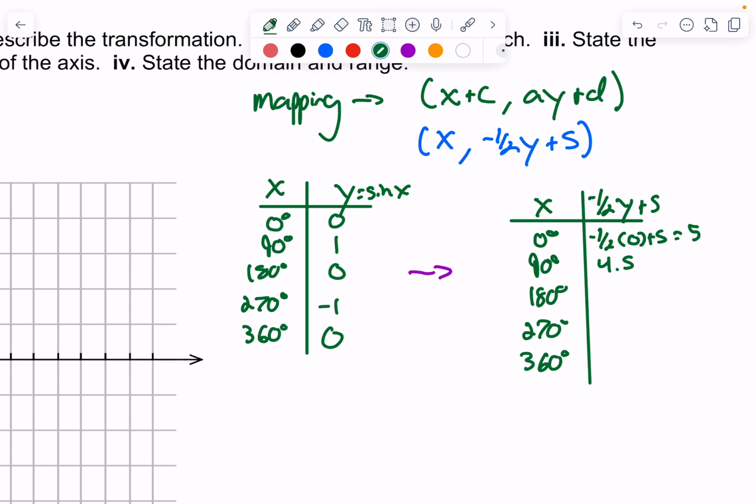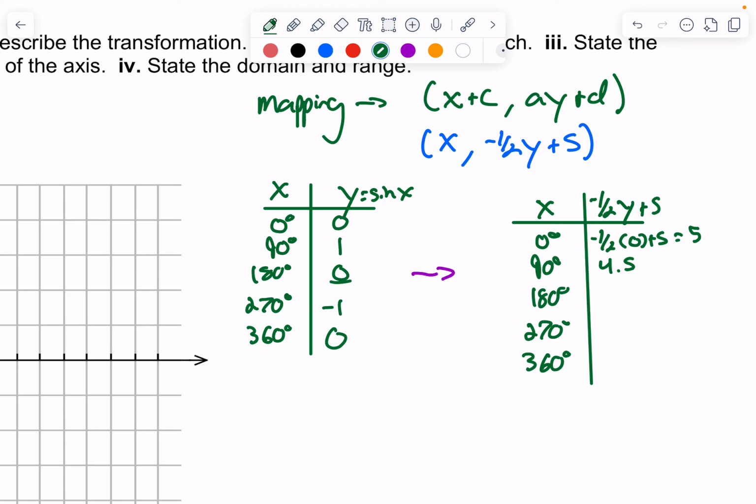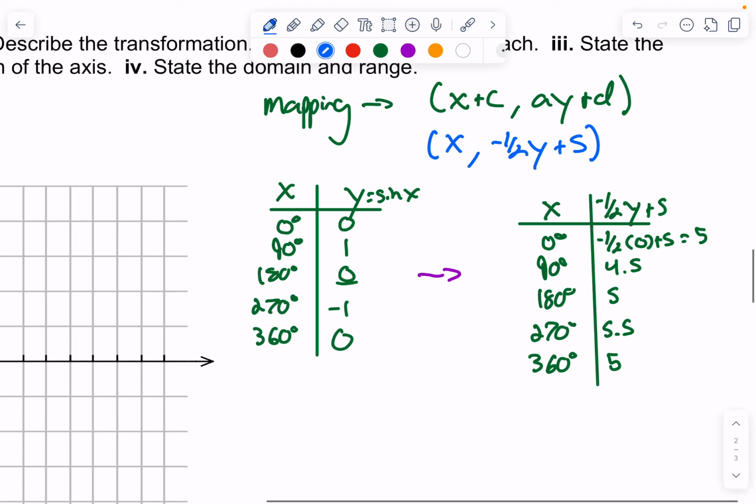So you'd be plugging in the 0 here into the y, and you get 5. This one you get 5.5, and then 360 you'd get 5. So these are your new coordinates. These are what you're going to graph, okay? 0 degrees and 5, 90 degrees 4.5, 180 and 5, 270, 5.5, 360, and 5.